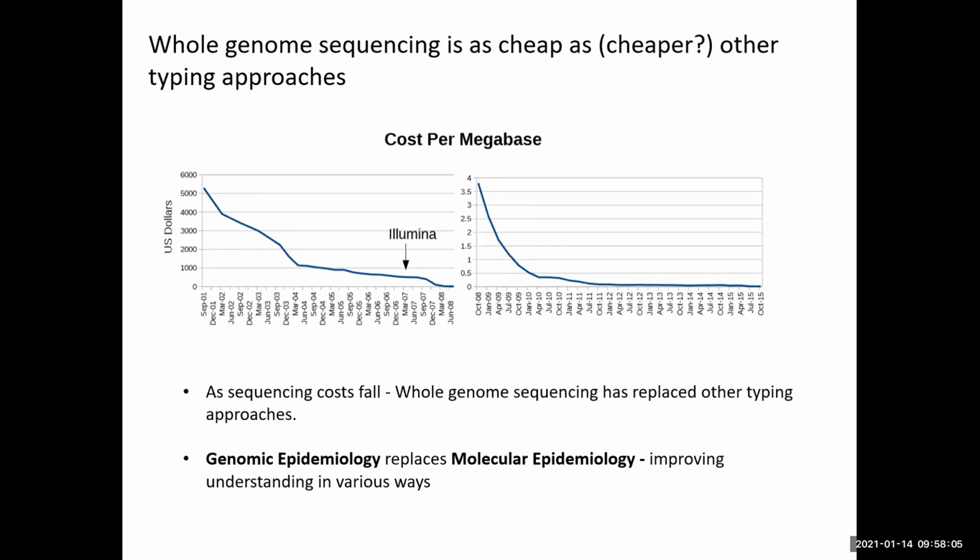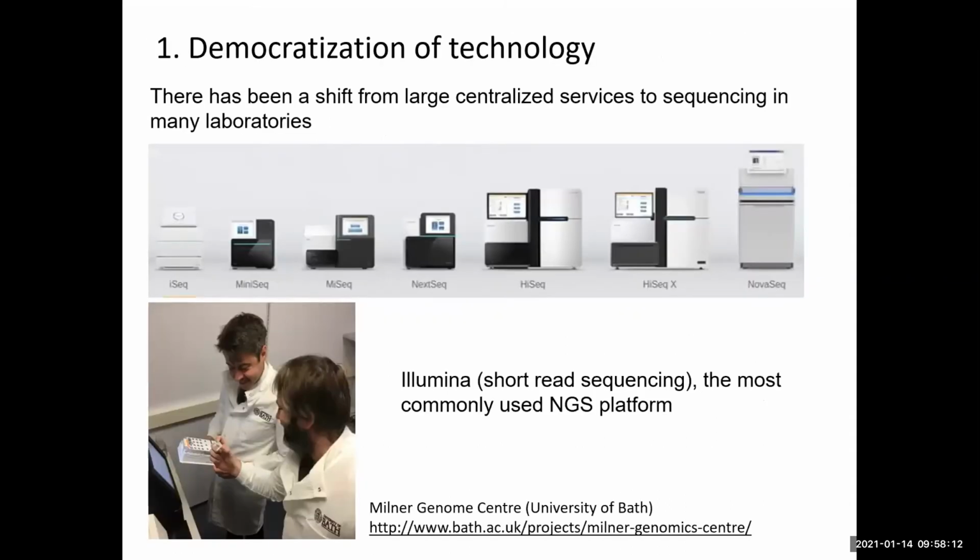Unsurprisingly, this is improving understanding in lots of different ways. And I'm just going to run through a few of those now. There are different ways of describing this, but I've just tried to put things into brackets so that we can discuss them today.